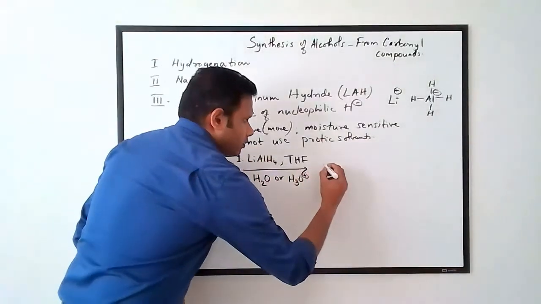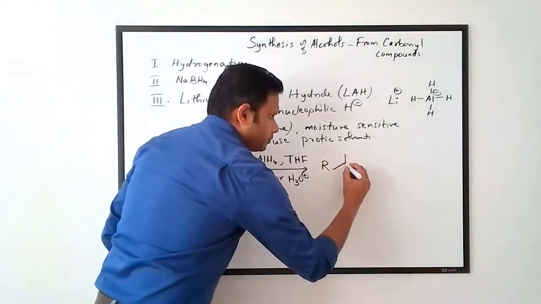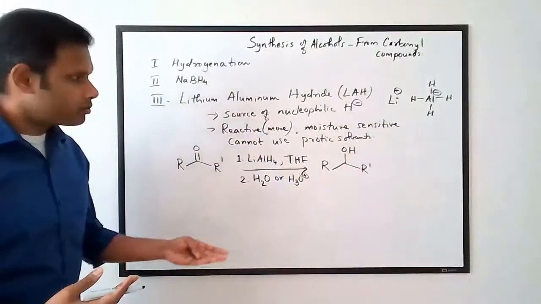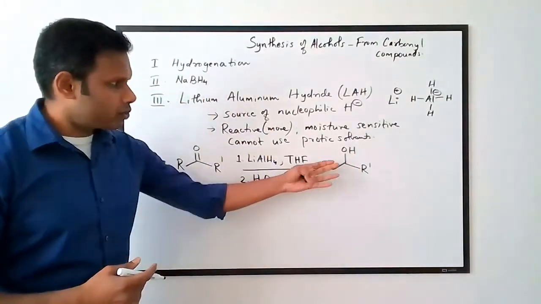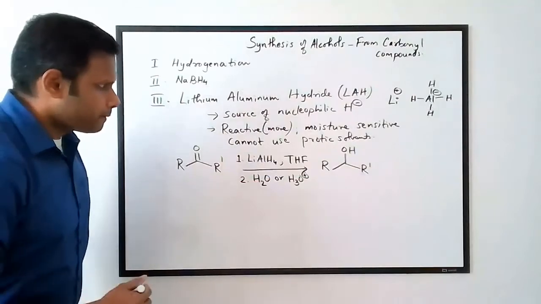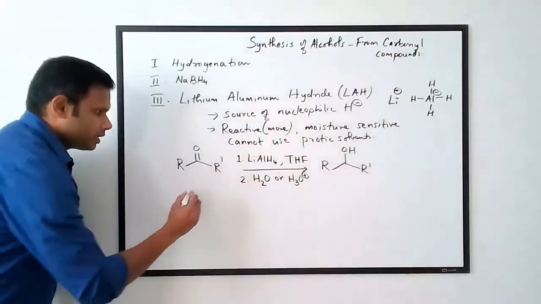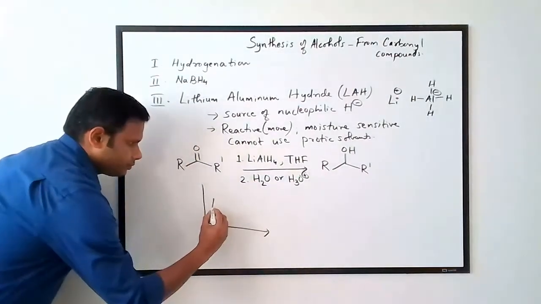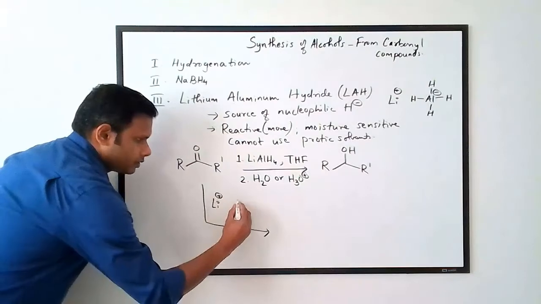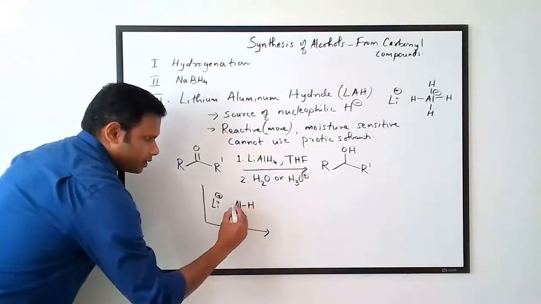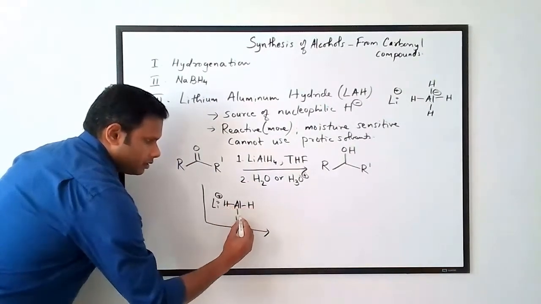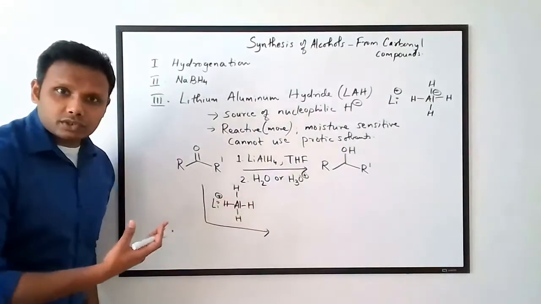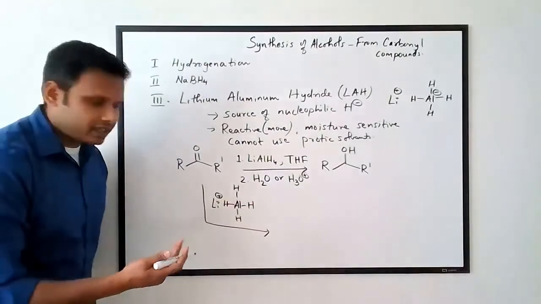By the end of it, we will get the alcohol product. So the product isn't any different from what we get in the case of sodium borohydride. So we get an alcohol product. Mechanistically, again, it's very similar. So in the first step, you have lithium aluminum hydride, and the reactive part is the aluminum hydride, which is the source of your nucleophilic hydride.